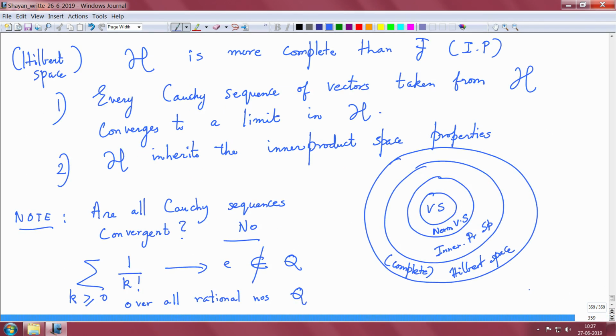But the converging value may not be part of the original space. So, this is a clear example where a Cauchy sequence need not be convergent, but if it is a convergent sequence it is Cauchy, but if it is a Cauchy sequence it is not necessarily convergent. This is very important.